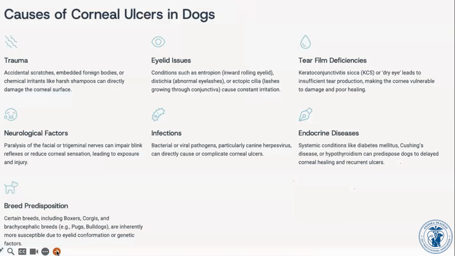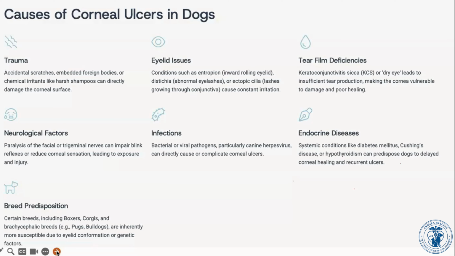So causes of corneal ulcers: normally there can be trauma, like the pet has accidentally scratched the eye, there are foreign bodies, or some chemical went into the eye, especially harsh shampoos. Sometimes it can be eyelid issues, like we see most of the eyelid issues with brachycephalic breeds.